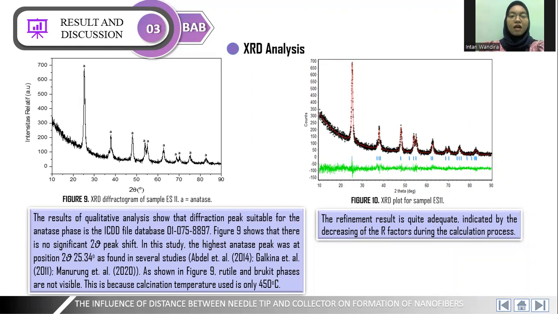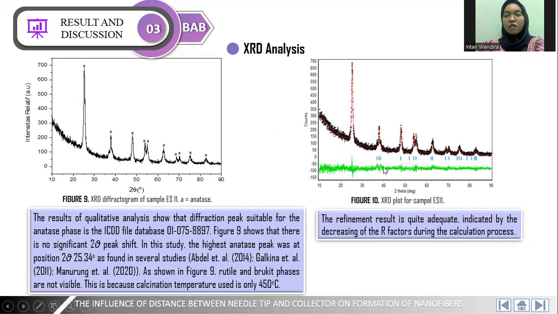In this study, the highest anatase peak was at position 25.34 degrees, as found in several studies. As shown in figure 9, rutile and brookite phases are not visible. This is because the calcination temperature used was only 450 degrees Celsius. And this is the XRD plot for sample ES11.